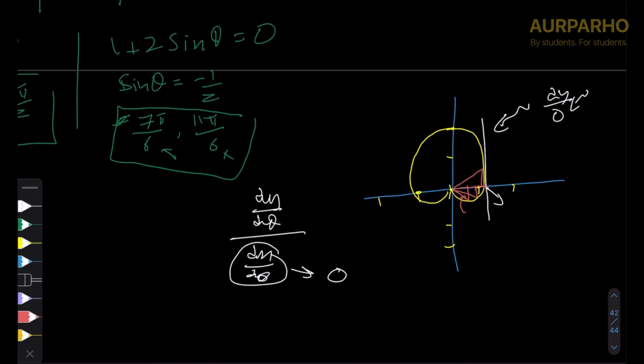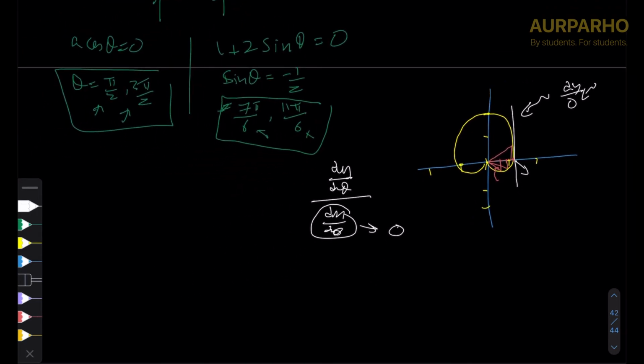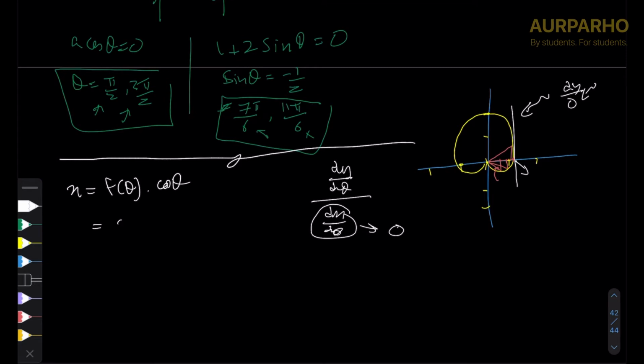So let's find out what dx d theta is. And what is x? X is basically r multiplied by cos theta, right? So r is actually a times 1 plus sine theta, multiply that by cos theta, you get a cos theta plus a cos theta sine theta.